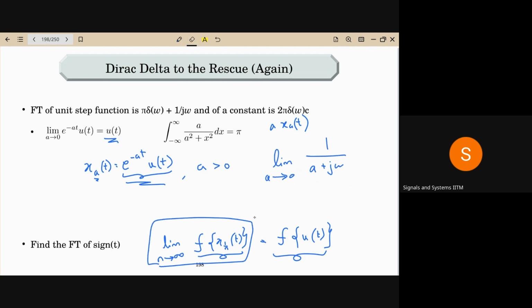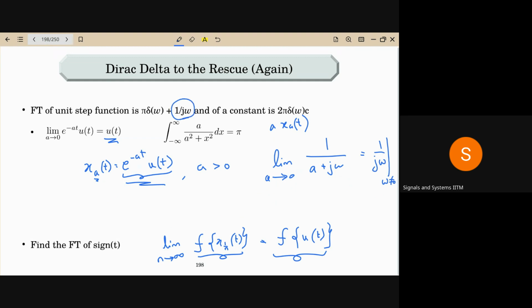Now, if omega is not equal to 0, then applying the limit is very simple. Okay. So then applying the limit is just going to give you 1 by j omega when omega is not equal to 0. Okay. And that is the part that we have here.